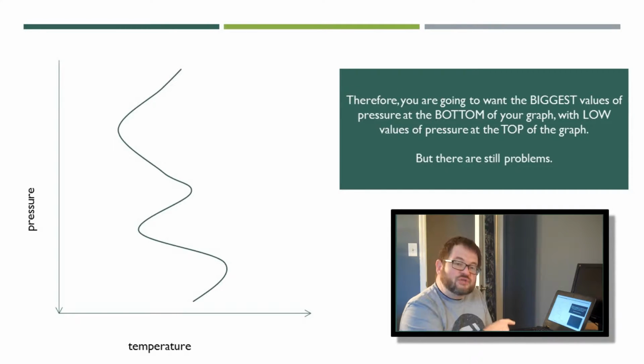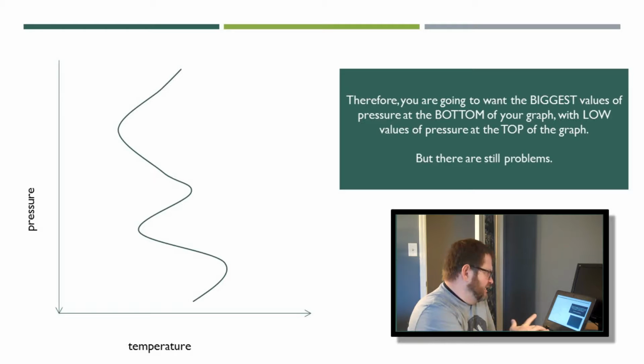See how I changed the direction of those arrows on that y-axis? You want the biggest values that your balloon saw, something like 1,000 millibars, to be down at the bottom, and you're going to want smaller values as you go up, so that up at high altitude you're seeing some low pressure. All that involves is reversing the y-axis. It's not the end of the world. We're still not that far from what we thought we wanted.